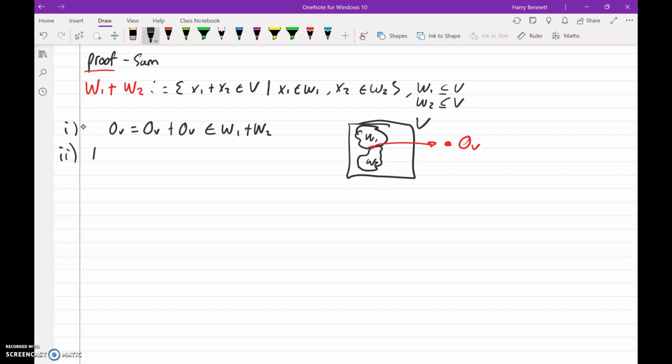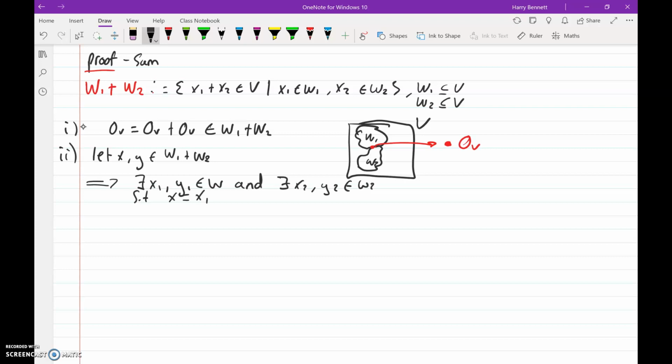Secondly, let x and y be in W1 plus W2. Then by definition of W1 plus W2, there exist x1 and y1 in W1, and there exist x2 and y2 in W2, such that x is equal to x1 plus x2 and y is equal to y1 plus y2.